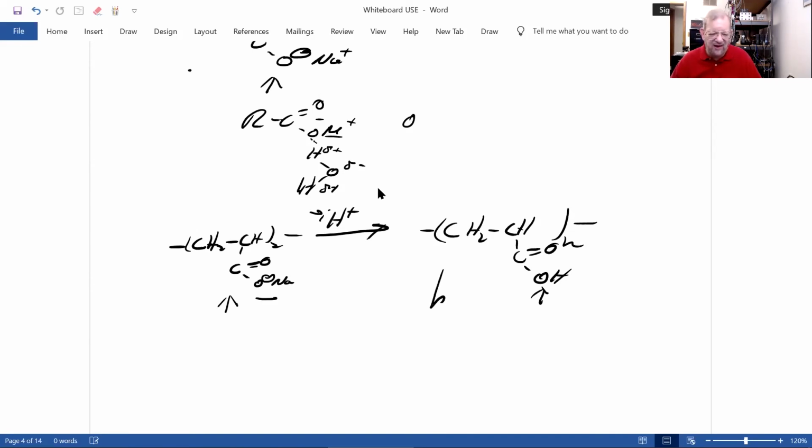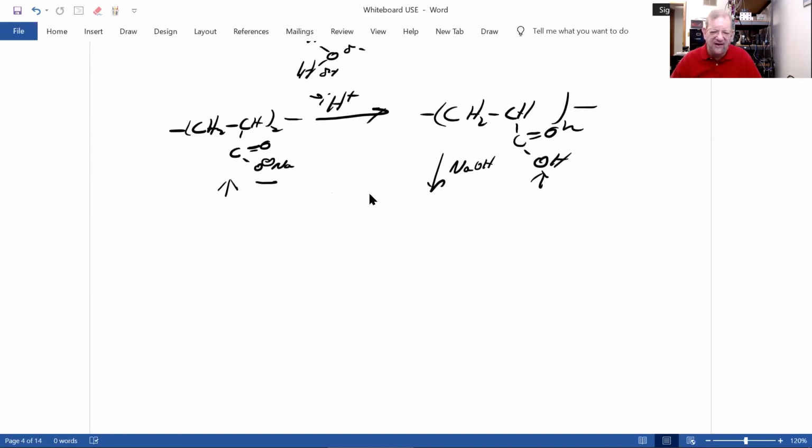And then when you add sodium hydroxide solution, here's a carboxylic acid, a base, and you get back this carboxylate anion.